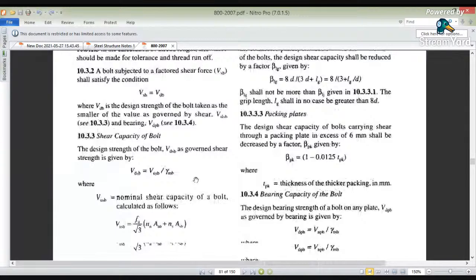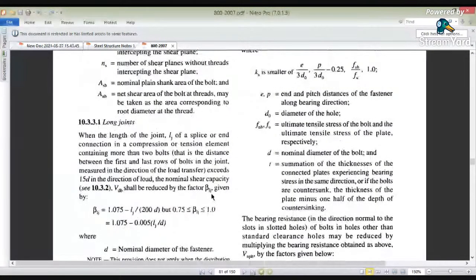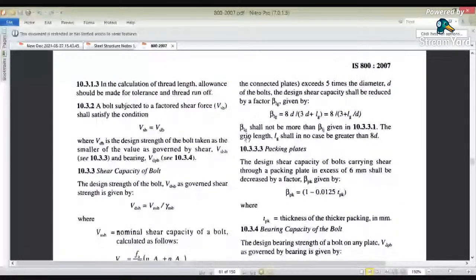First, the reduction factor for the length of the joint Lj, beta Lj. Next, the reduction factor for the thickness, beta Lg; beta Lg shall not be more than beta Lj. We'll see how to find out beta Lg.